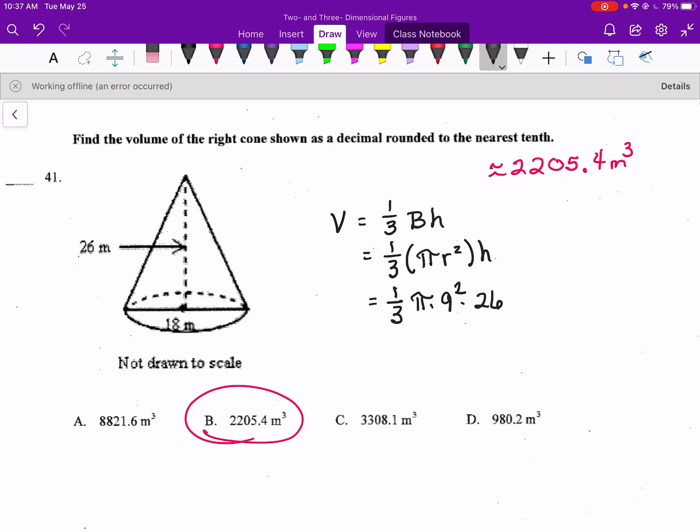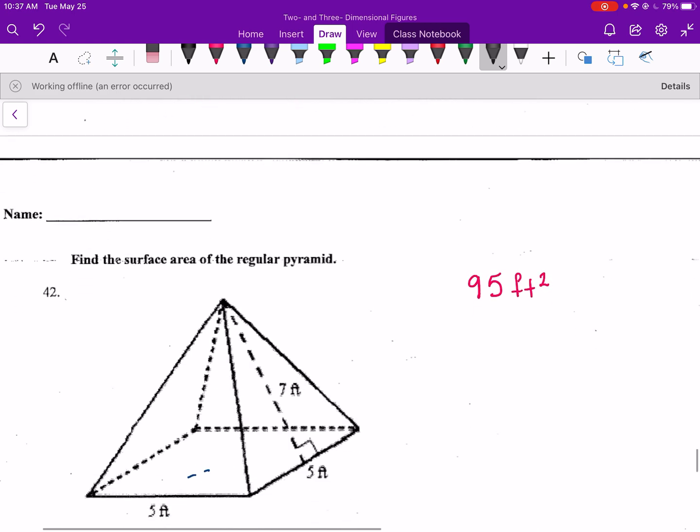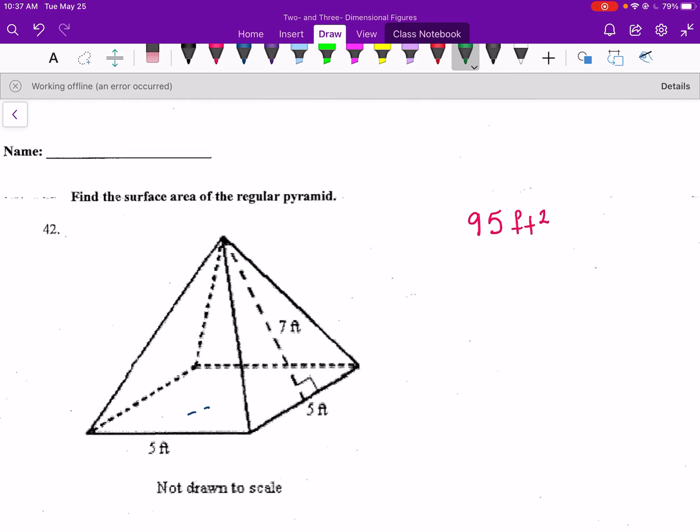Number 42 is a pyramid. So find the formula for surface area of a pyramid. That's the lateral area plus the area of the base. When you look up the lateral area formula, you get 1/2 perimeter times slant height, and the area of that base, that's the area of the square.